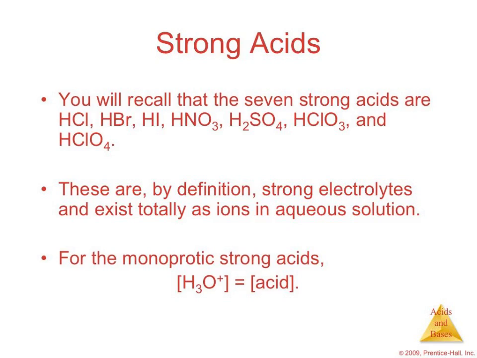Okay, so that's why they say down here for the monoprotic strong acids, H3O plus equals the concentration of the acid. They're equal to one another. Okay, now that works for monoprotic. We'll talk about what monoprotic means in just a second, but if you remember this from the 3rd unit, if we've got something like Na2S, okay, when that dissociates, now you've got Na plus and S2 minus, right?